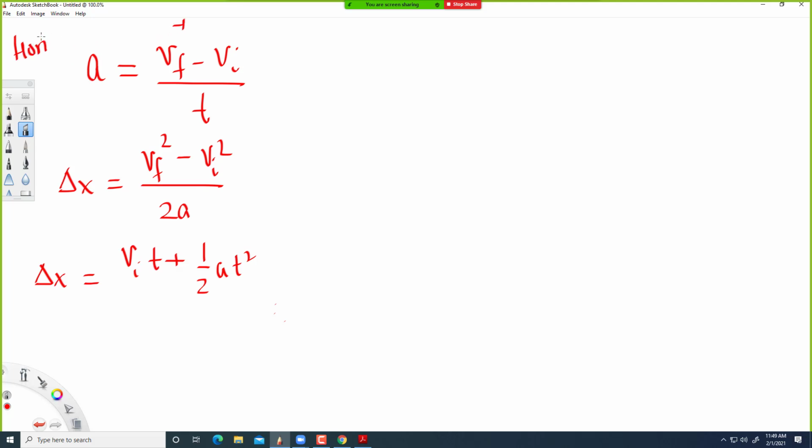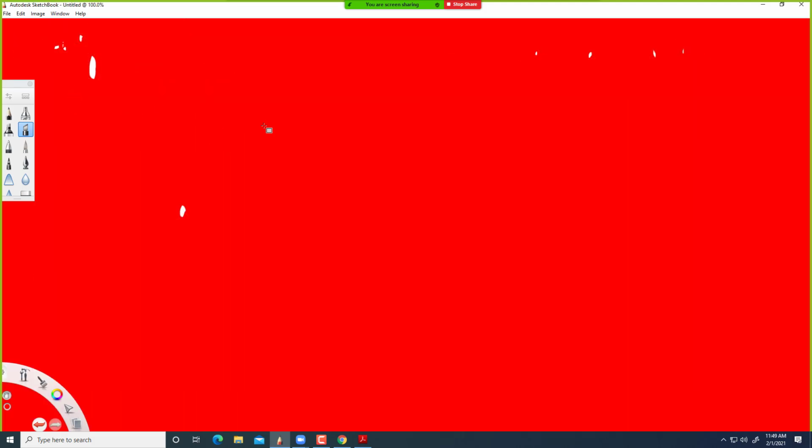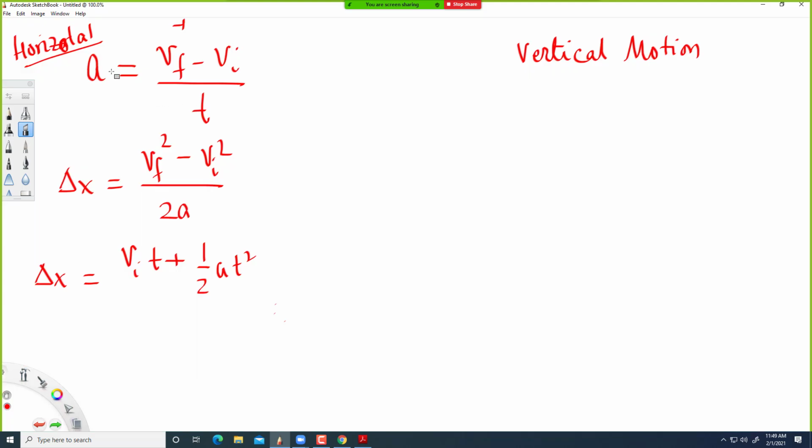Now next time we'll be talking about vertical motion. Because we want to differentiate the 2 motions, for horizontal we'll be using x to represent the horizontal motion.